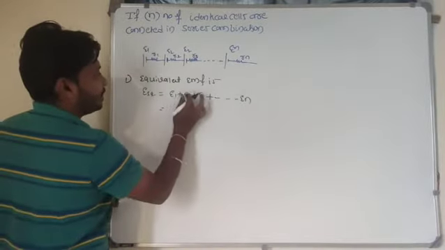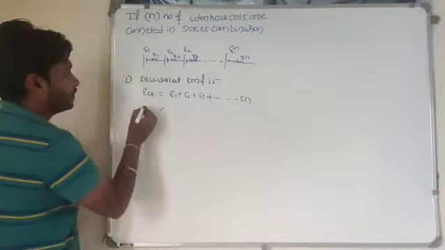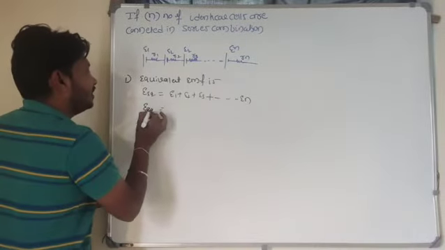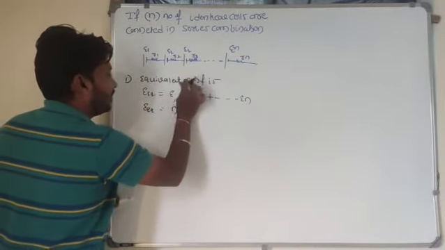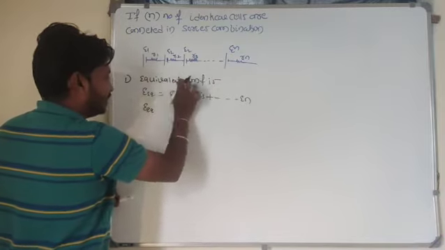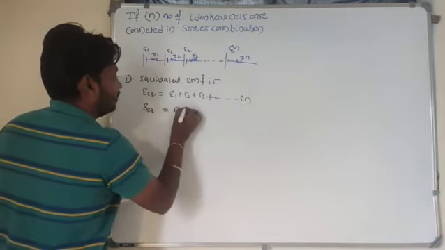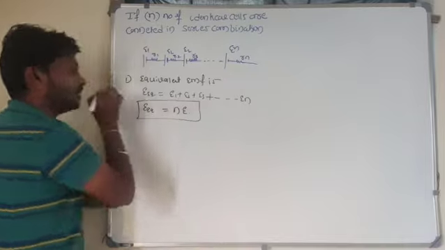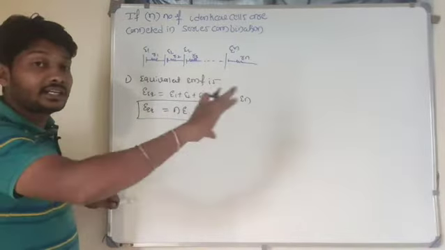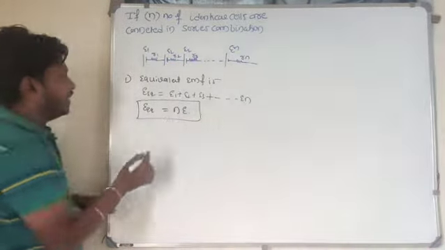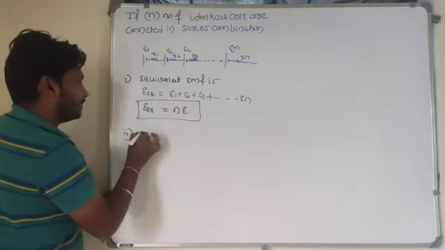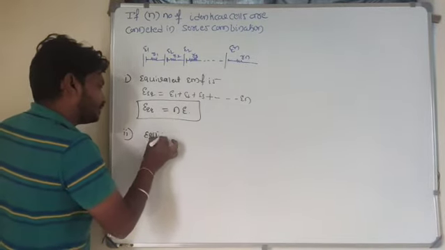Identical cells means E plus E plus E, like that only. So E equivalent, when n identical cells are in series, is equal to n into E. So the equivalent EMF of n identical cells connected in series combination is n into E.